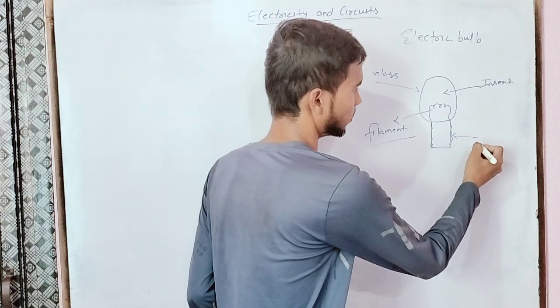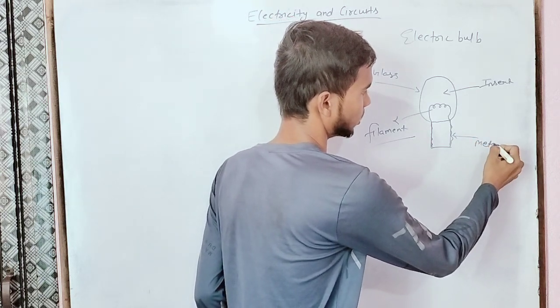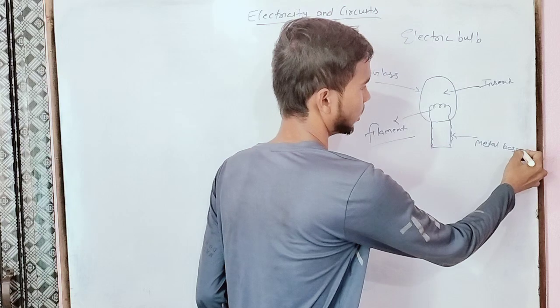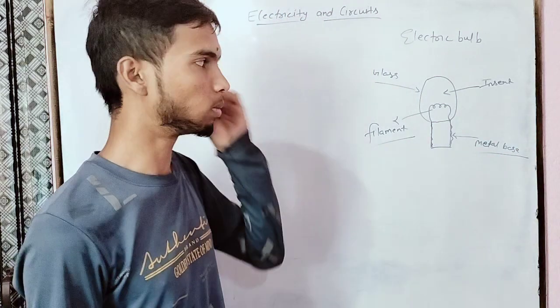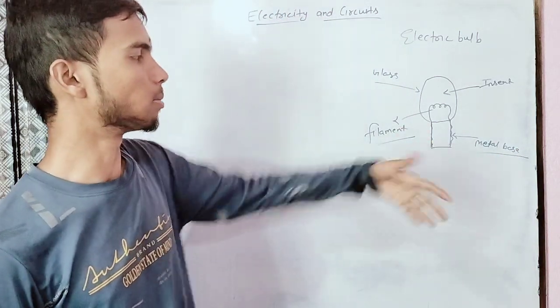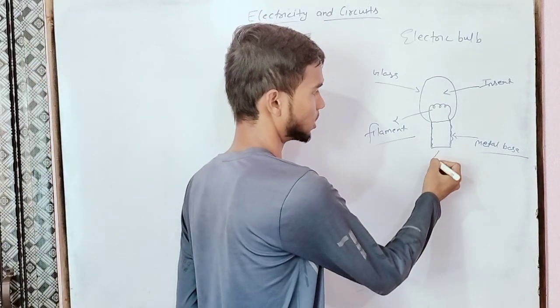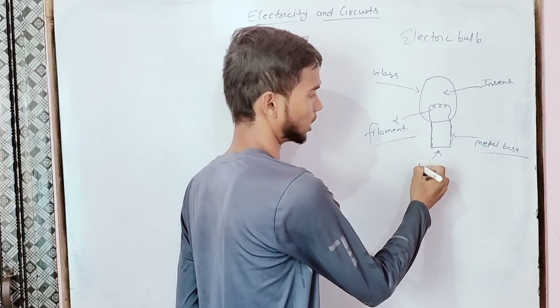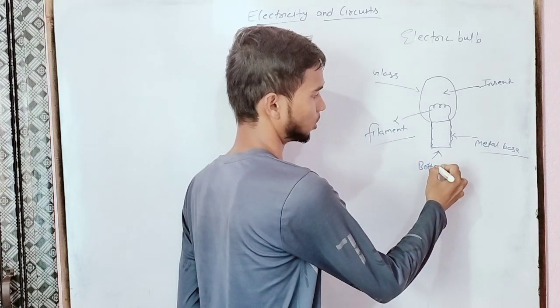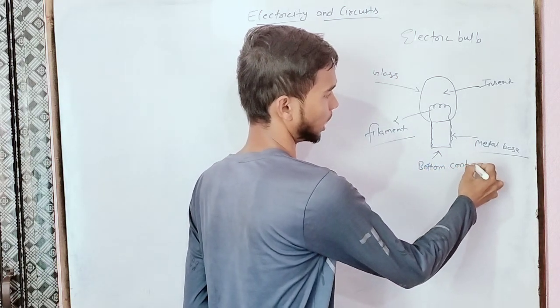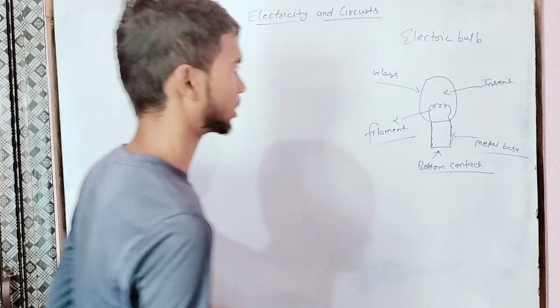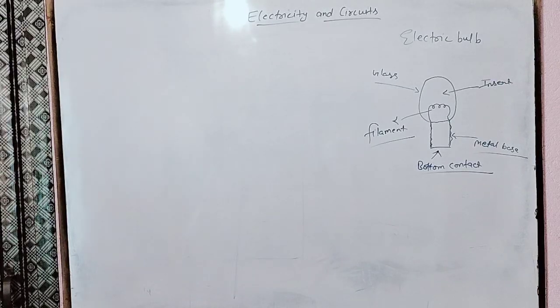Now this is the metal base. When there is the word metal, you have to be clear that this is made of metal. Now this is the bottom contact. Now we will understand each part of the electric bulb.